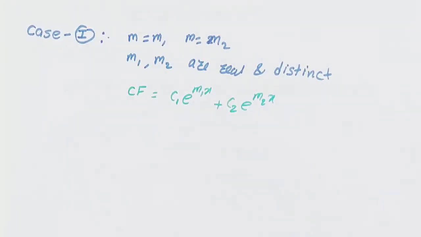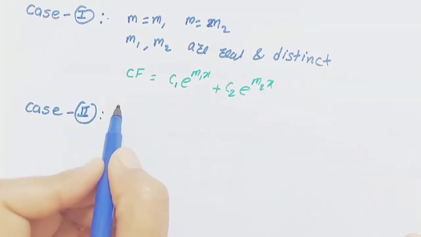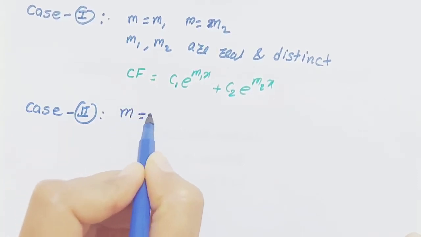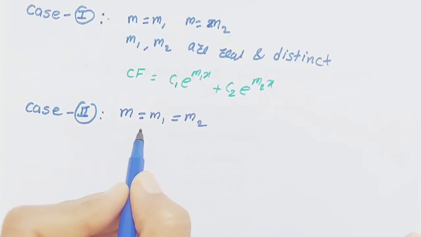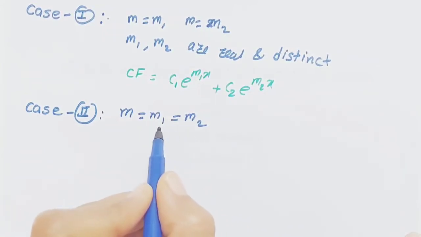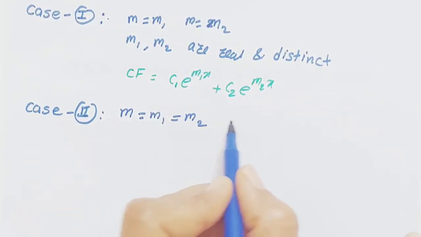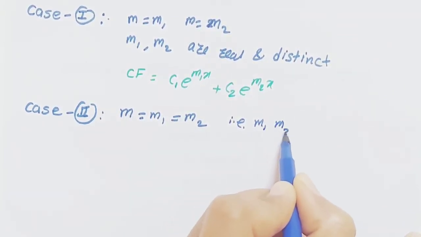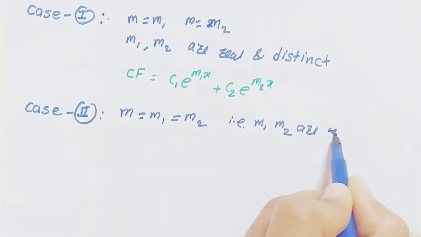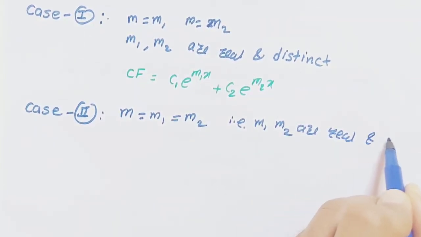Now the case number 2 is, suppose we get the roots m is equal to m1 is equal to m2, meaning corresponding to our quadratic equation we get 2 roots m1, m2 and both are equal, that is m1, m2 are real and equal.